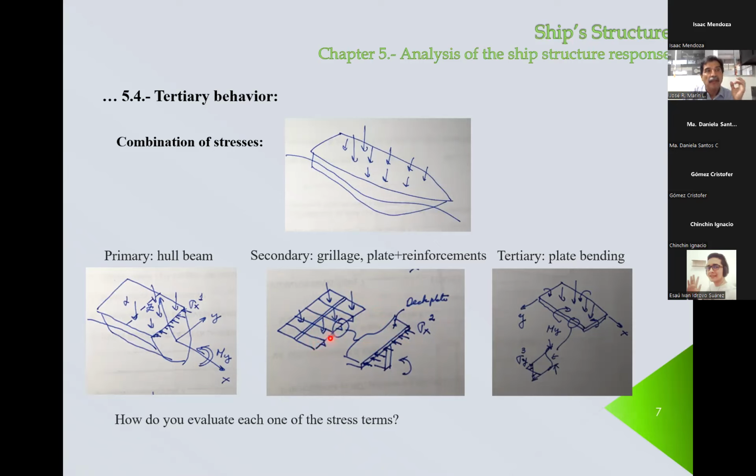If I give you force per unit length, what would be the maximum bending moment in this beam on both ends? Mr. Ortega, Andres Ortega, what would be the maximum bending moment? Good morning, doctor.